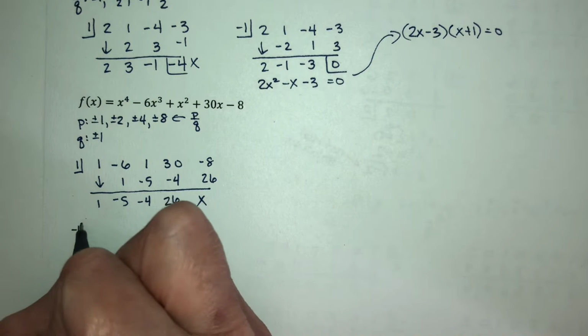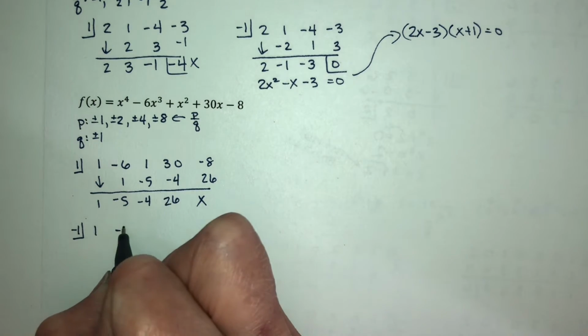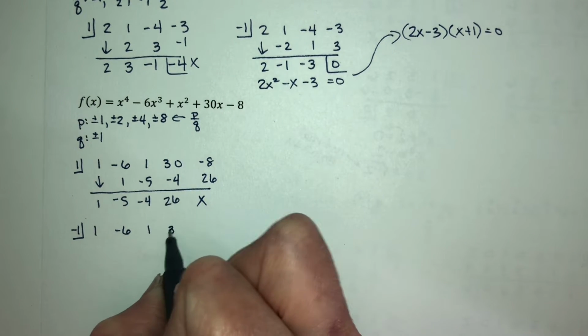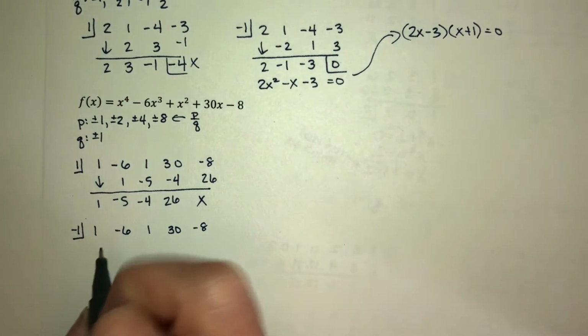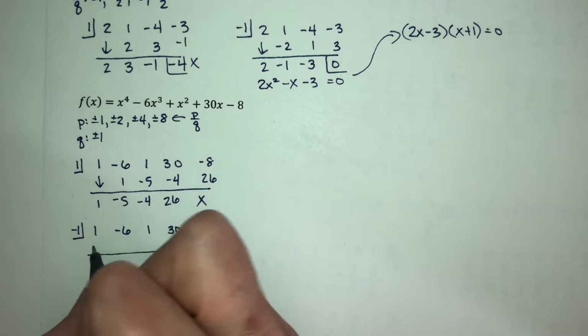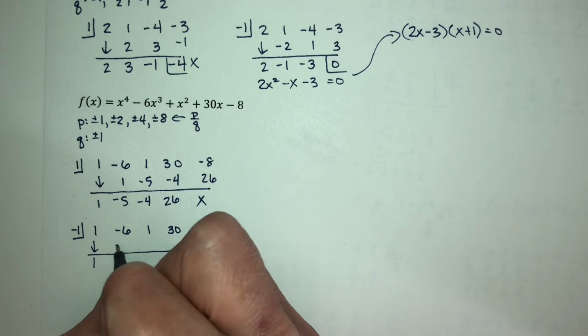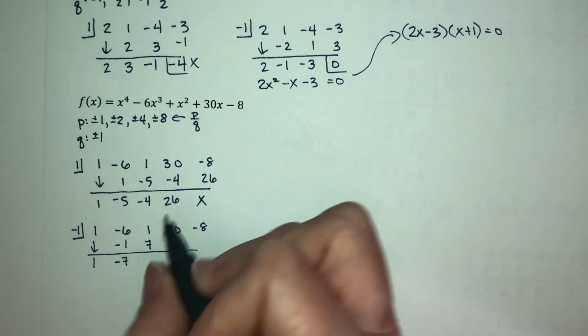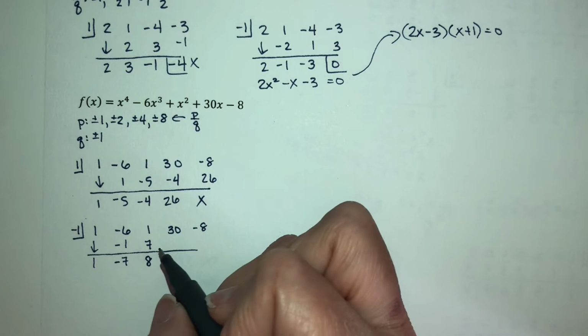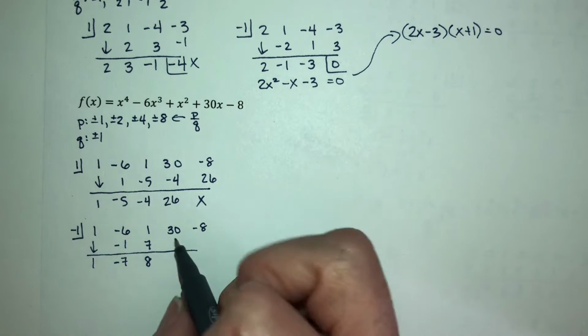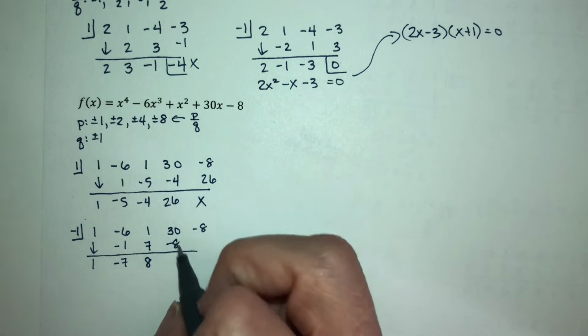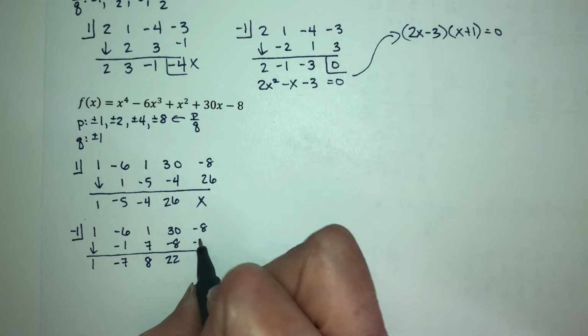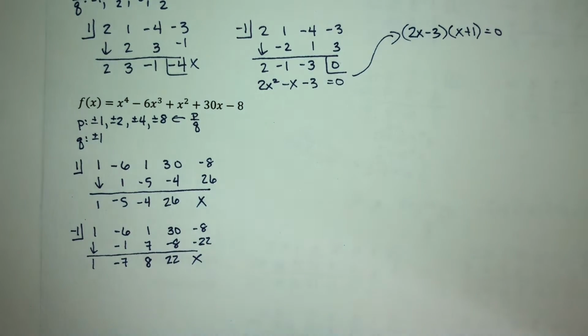Let's try negative 1. Multiply negative 1, negative 7, 7, 8, negative 8, 22, negative 22, and that's not 0.